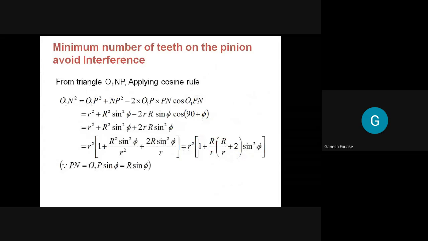That is discussed here. First of all, find out the O1N value, which is the maximum addendum radius. We found here the maximum addendum radius, that is O1N or RA max.